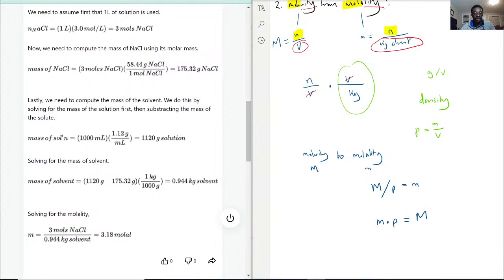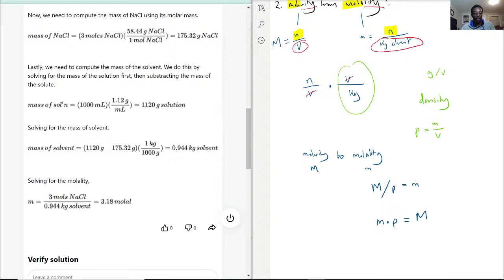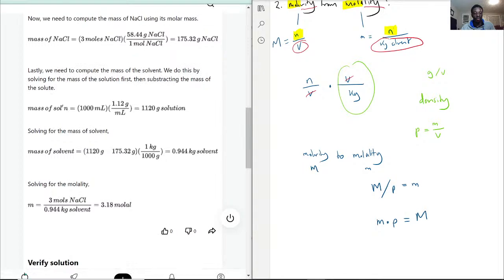And through this, just to make sure, 1 kilogram, 1,000, they have 0.944 kilograms of solvent. So it's 3 moles per 0.944 kilograms of solvent, and they got their molality, not molarity.